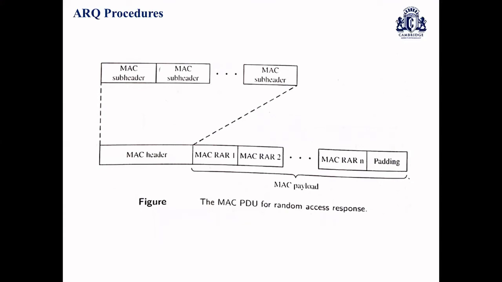HARQ is responsible for handling errors by performing retransmission. Every time we require retransmission, HARQ is responsible. ARQ is needed mainly due to errors in HARQ. If there are any errors in the HARQ acknowledgement feedback, they are handled by the AM transfer mode of the AM RLC entity.